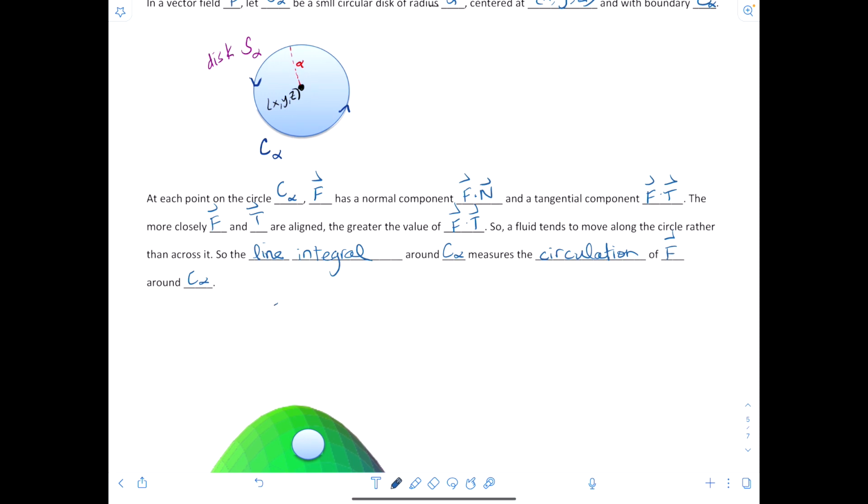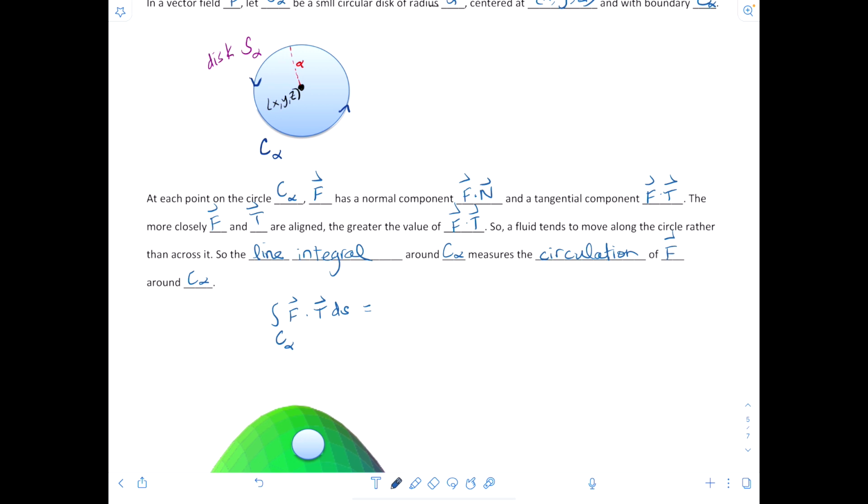This is giving us the line integral around this C alpha of F dot T ds. S is lowercase because it's going to be like arcs, right?